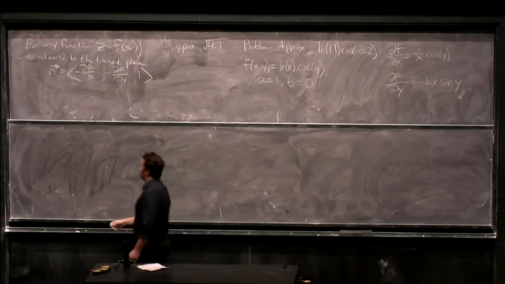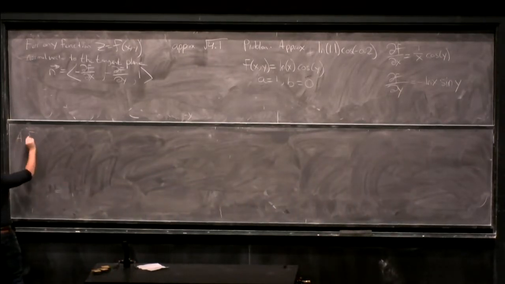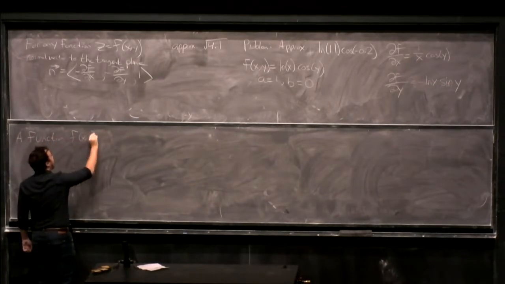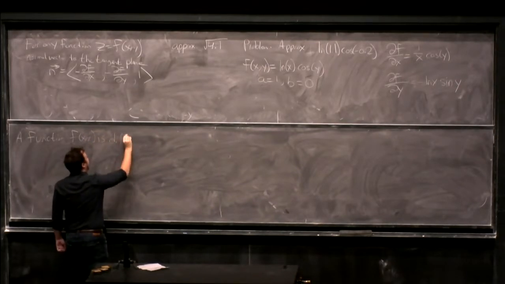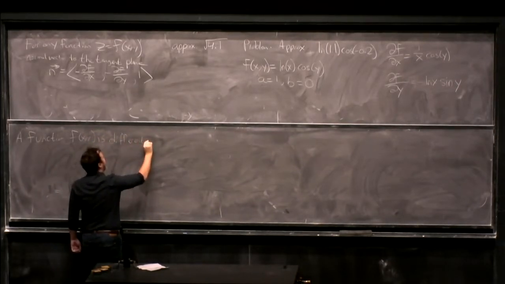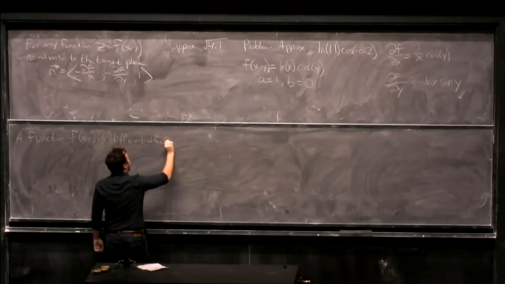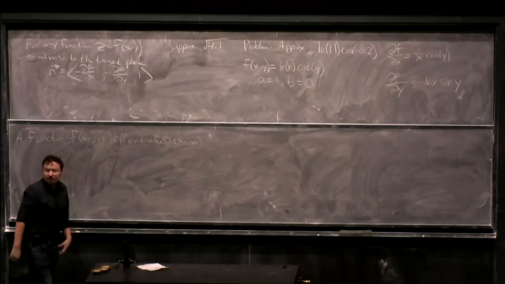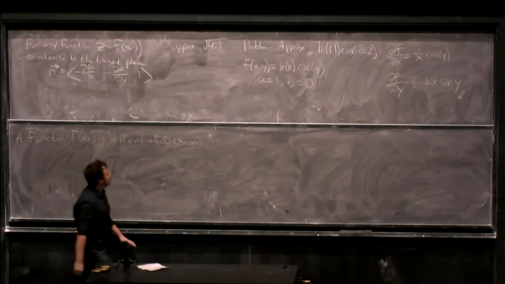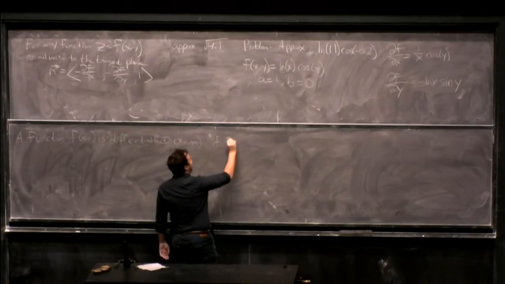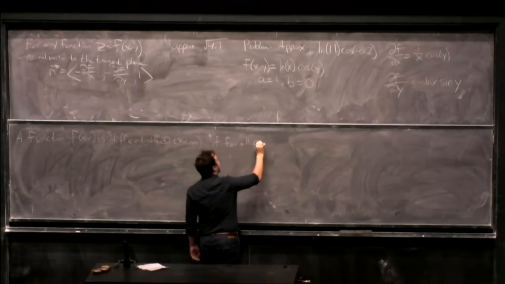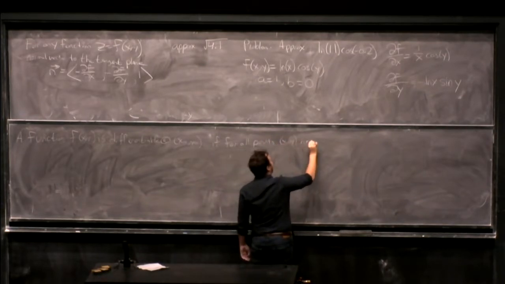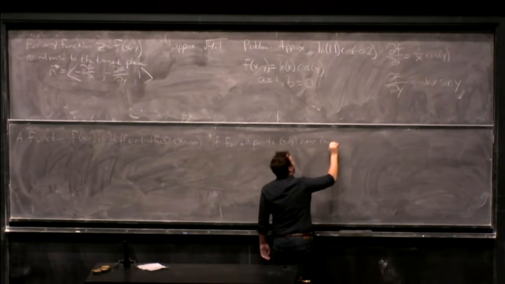So let's see. A function f of x, y is differentiable at the point x naught, y naught, so that's a particular point, if for all points x, y near x naught, y naught.